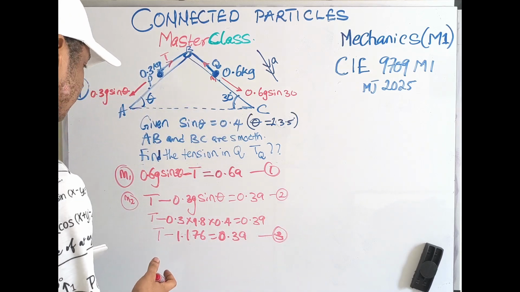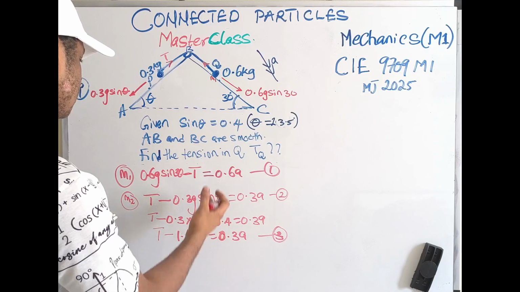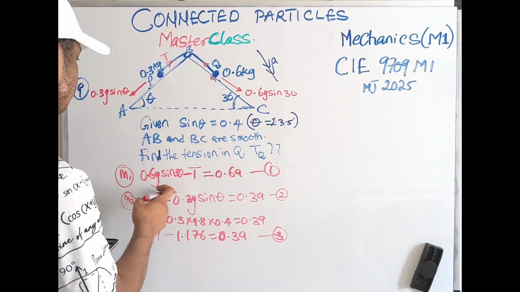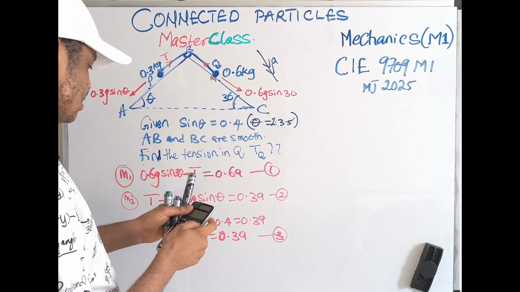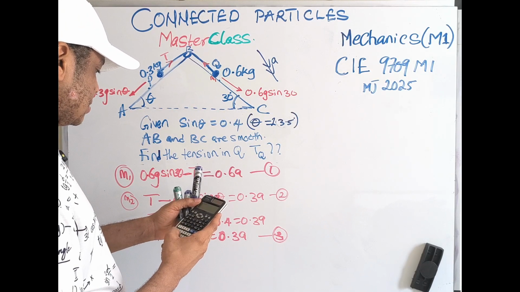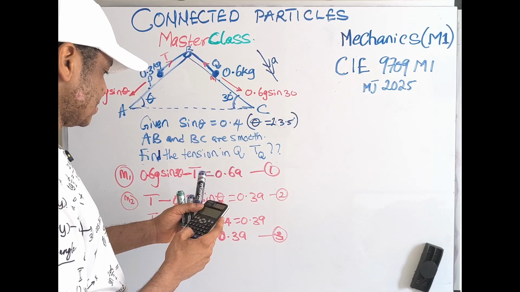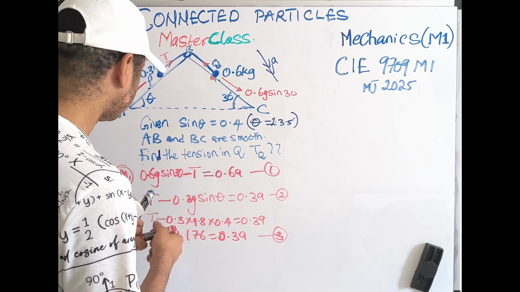So I want to solve these two simultaneously. So let me just simplify that. So 0.6 times 9.8 times sine 30 is half, 0.5. So that will be 2.94.